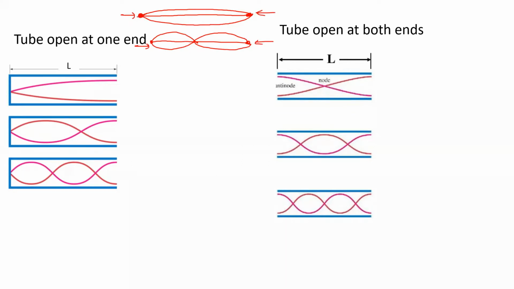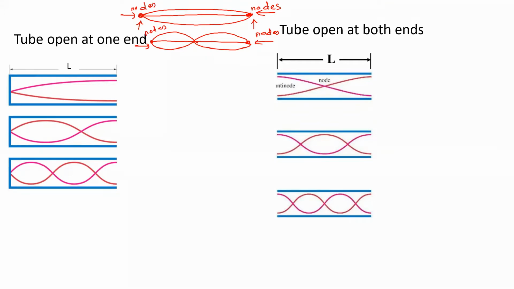I said what determines this waveform is the two ends. Those are our boundaries. So in a tight bound string, the two ends had less freedom, right? So that is why those two ends were nodes. These were nodes.